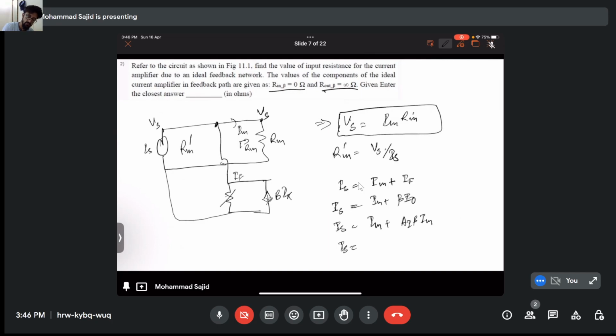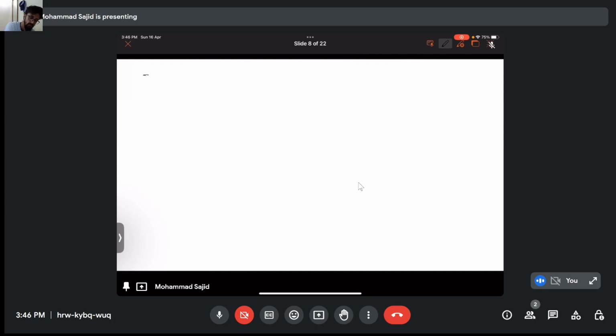So my Is is In times 1 plus AI beta. So my Vs is In times Rin. So I have to just substitute it. We'll get Vs is equal to Is Rin divided by 1 plus AI beta. So my Vs by Is, that is my Rin dash, will be equivalent to Rin divided by 1 plus AI beta.